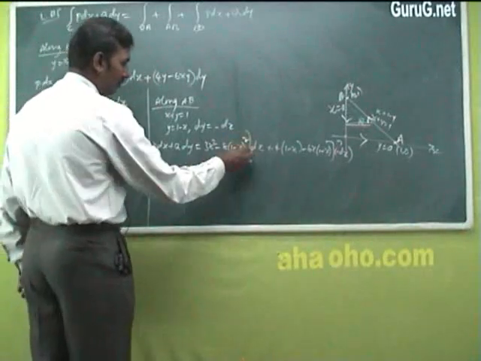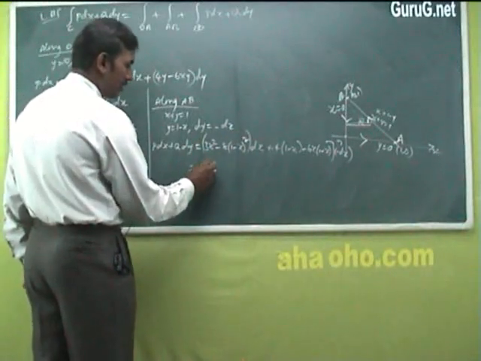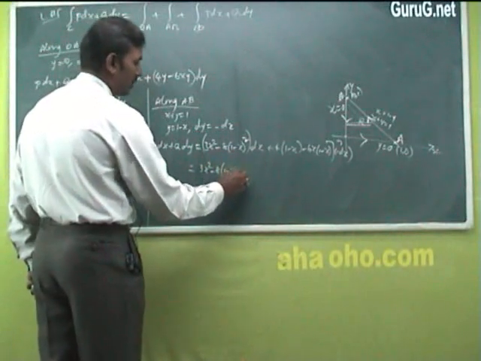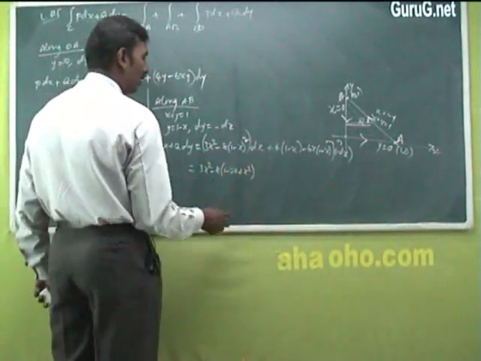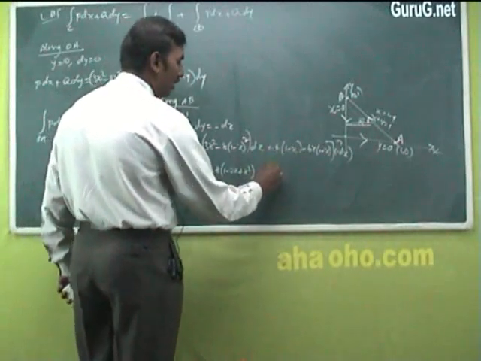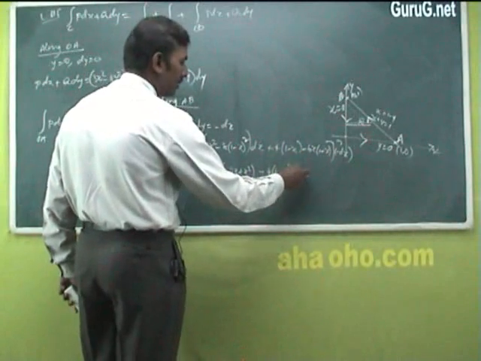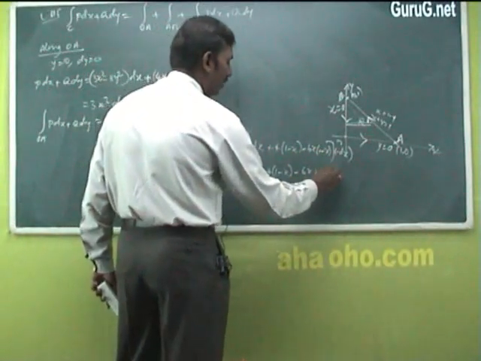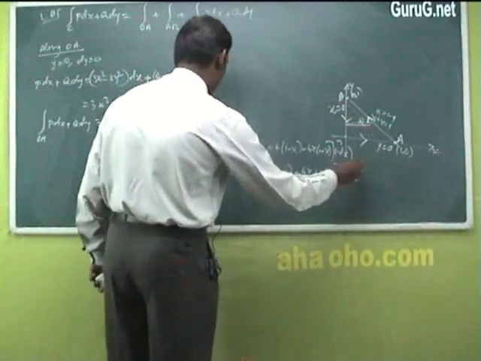Simplify it. So 3x squared minus 8 into 1 minus 2x plus x squared. Then take minus here. So minus 4 into 1 minus x minus 6x plus 6x squared into dx.